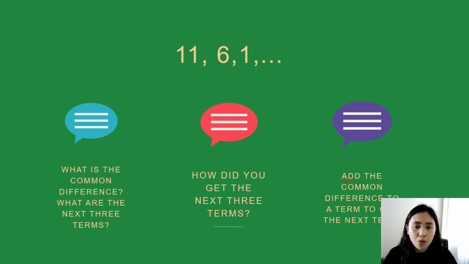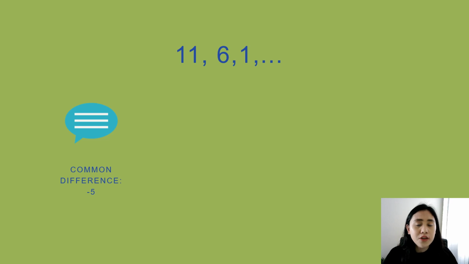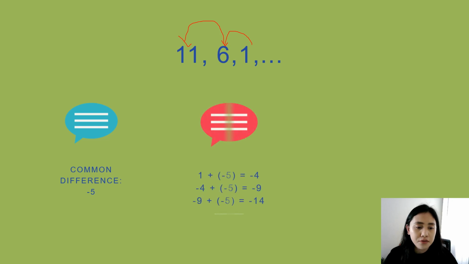So we should know first what the common difference is. Then we add that to get the next terms. Ano nga ba ang common difference sa sequence na ito? The common difference is negative 5. 1 minus 6 is negative 5. 6 minus 11 is negative 5.